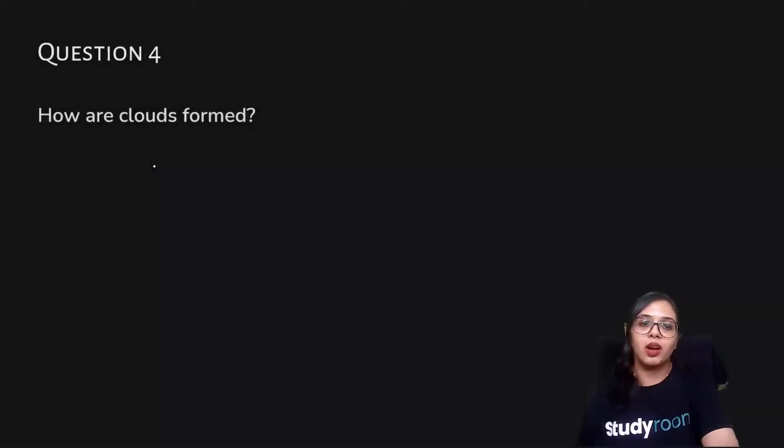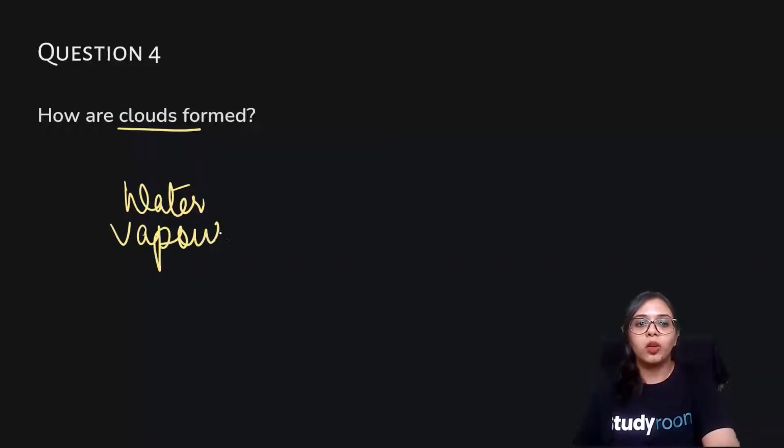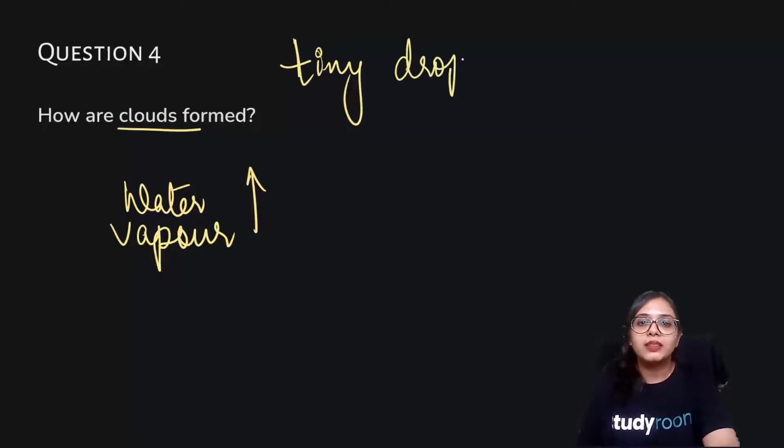Next, you have how clouds are formed, and we have also seen this, that water vapor, when it rises from the warm land along with the hot air, and reaches the cooler air of the atmosphere, condenses to form tiny droplets. These tiny droplets, this water vapor, are actually condensing around some air particles.